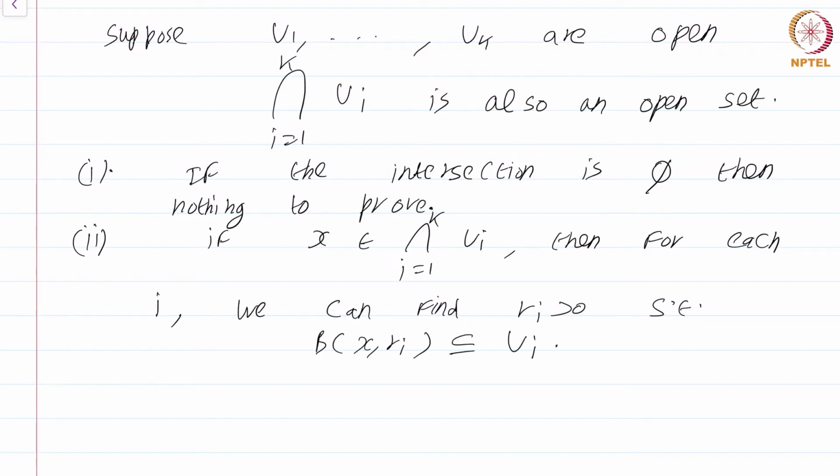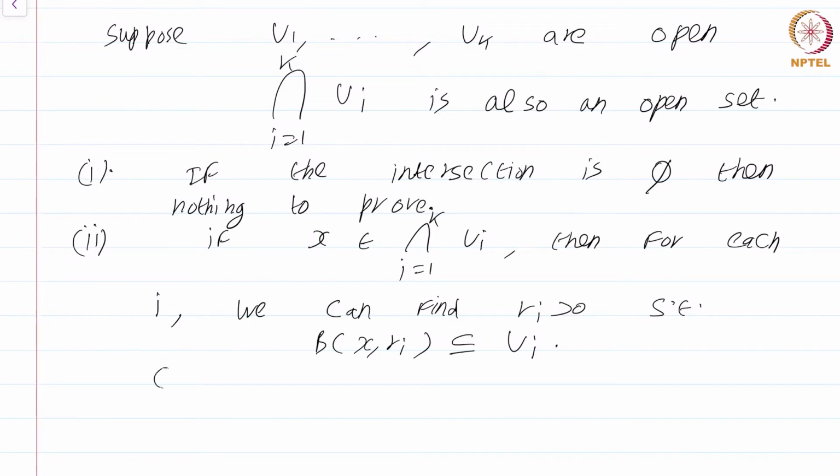The only way by which X could be in each of the ui's is if X is an interior point of each one of the ui's, simply because each ui is open. Because each ui is open, corresponding to this ui, I can find an ri such that B(X, ri) is contained in ui. This is the definition of an interior point and open set.